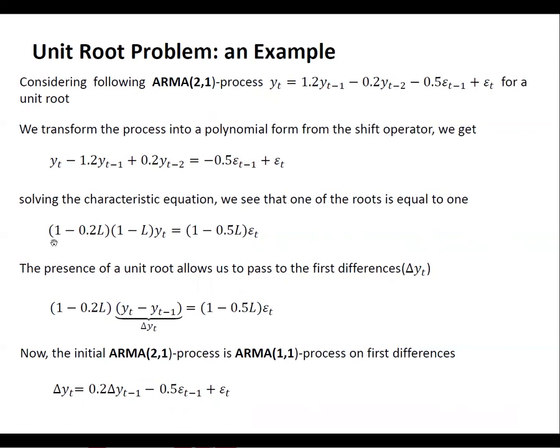Here there will be 1 minus 0.2 L, multiplied by 1 minus L, multiplied by y_t. And on the right side, we put epsilon t out of brackets, and in the brackets we have 1 minus 0.5 L. And now we see that the characteristic equation for the autoregression has a unit root.